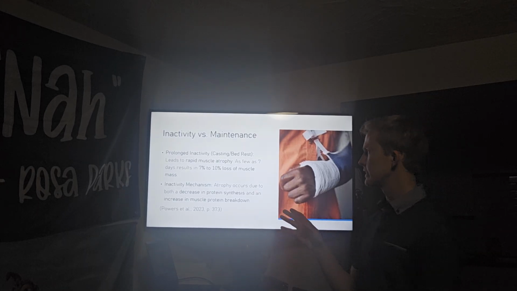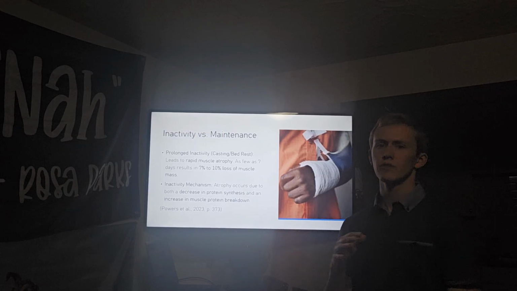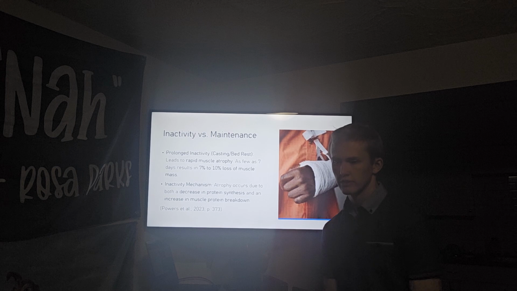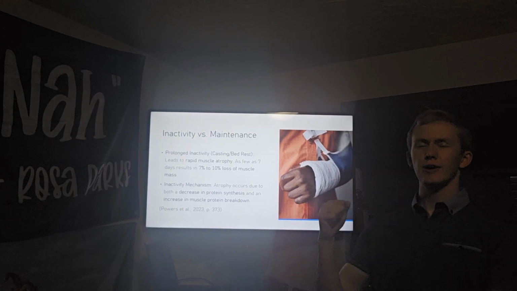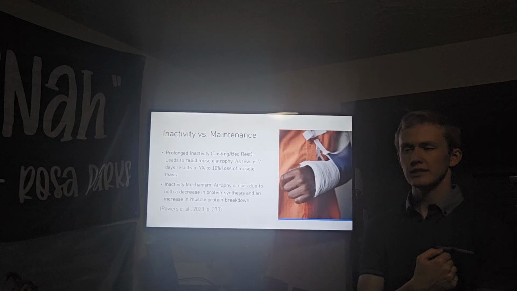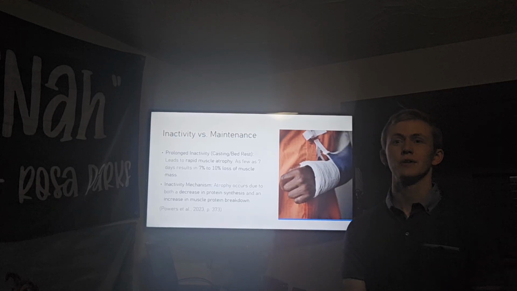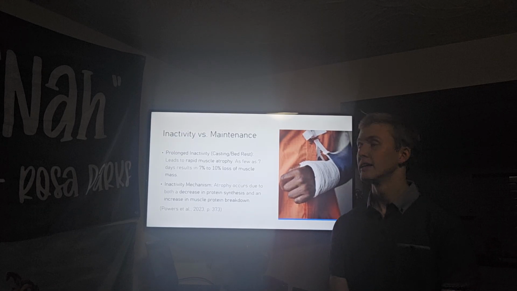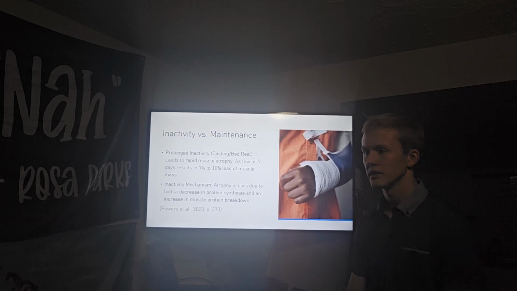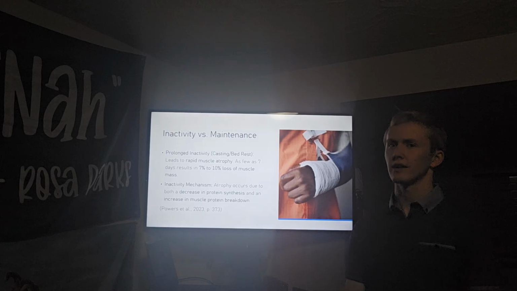In as few as 7 days, it results in 7% to 10% loss of muscle mass. So if you were working out so hard and then broke your bone, at least 10% of that muscle mass would be gone within a week, which is crazy because it takes so long to get that muscle mass. But because of the muscle memory, you probably get it back a lot faster than you did originally.